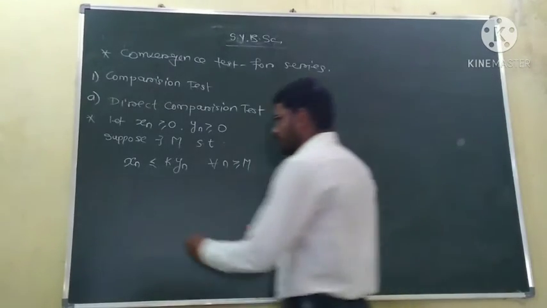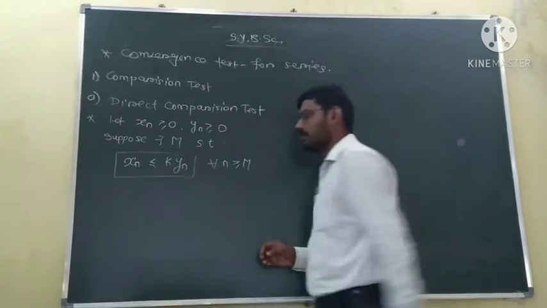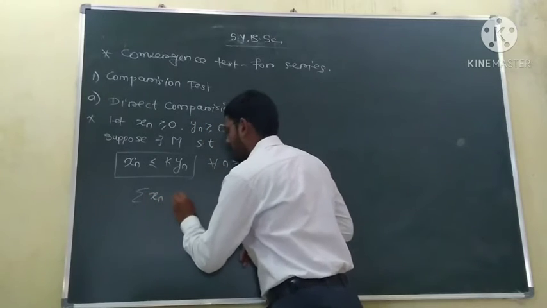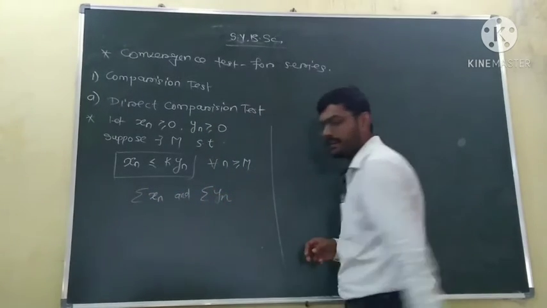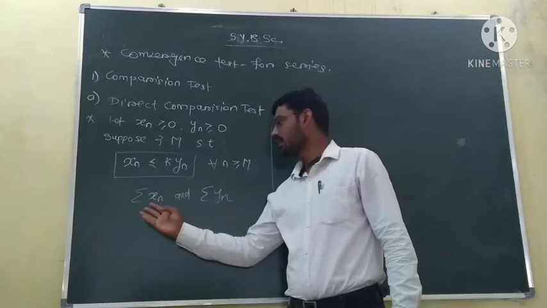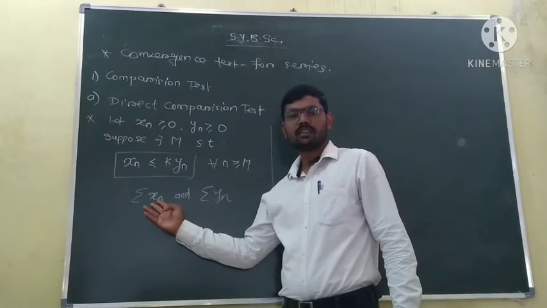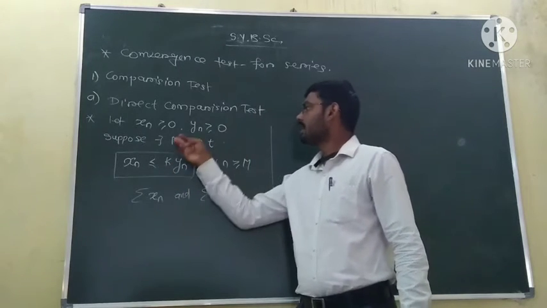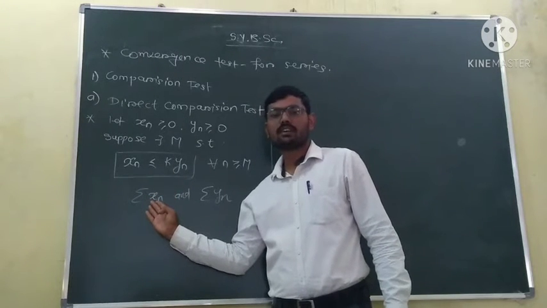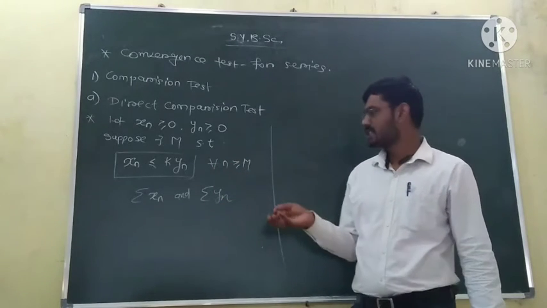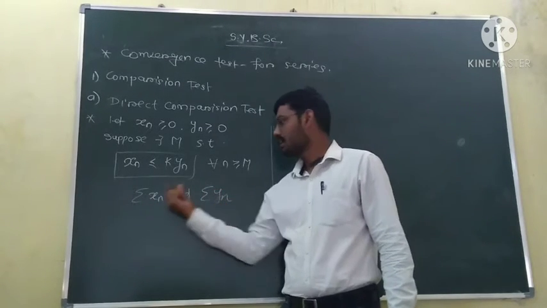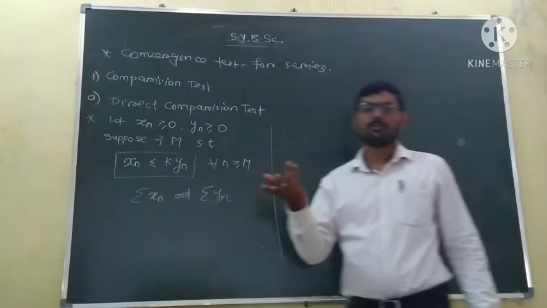From this we observe that if there are two series xn and yn such that the nth term of the series yn is always greater than or equal to the nth term of the series xn, that is, after some terms each term here is greater than each term there. In a simple way, we can say the terms of this series are greater than or equal to the terms of that series, excluding some finite number of terms.